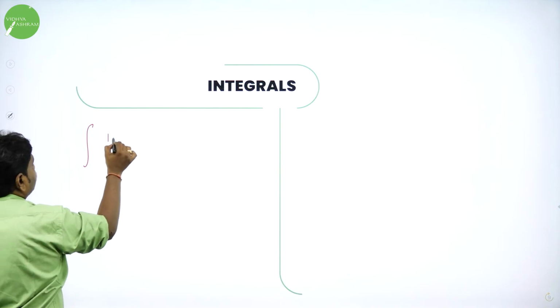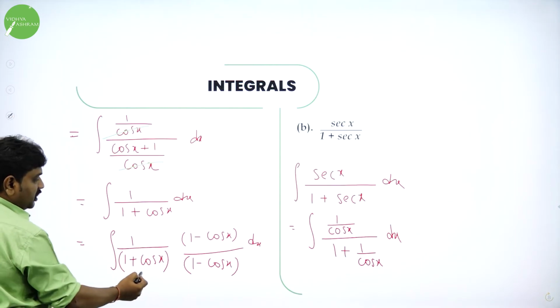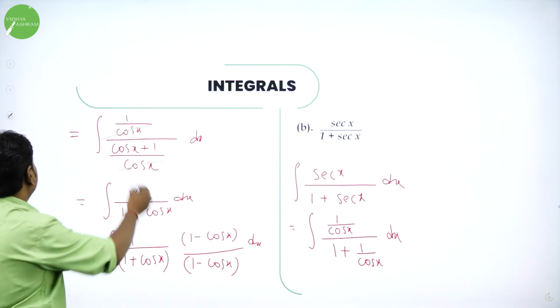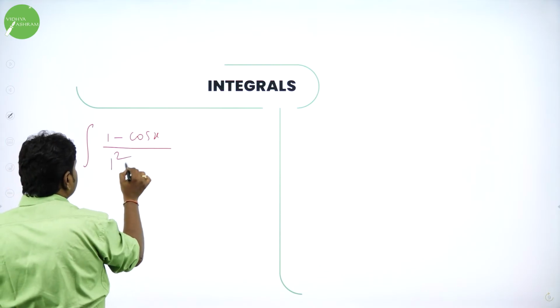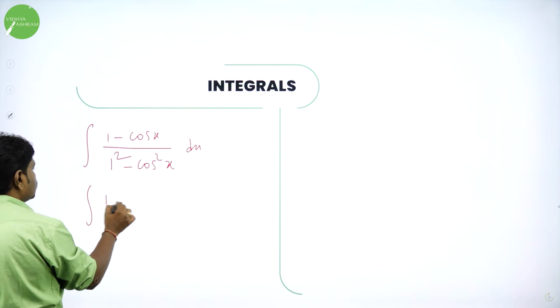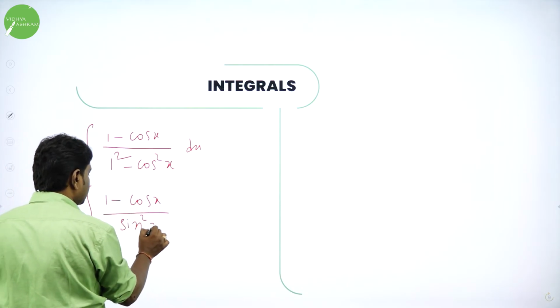Numerator becomes 1 minus cos x into 1 is 1 minus cos x. Denominator, a plus b into a minus b, can be written as a square minus b square. So it will become 1 square minus cos square x. So you know 1 minus cos square x is sin square x.